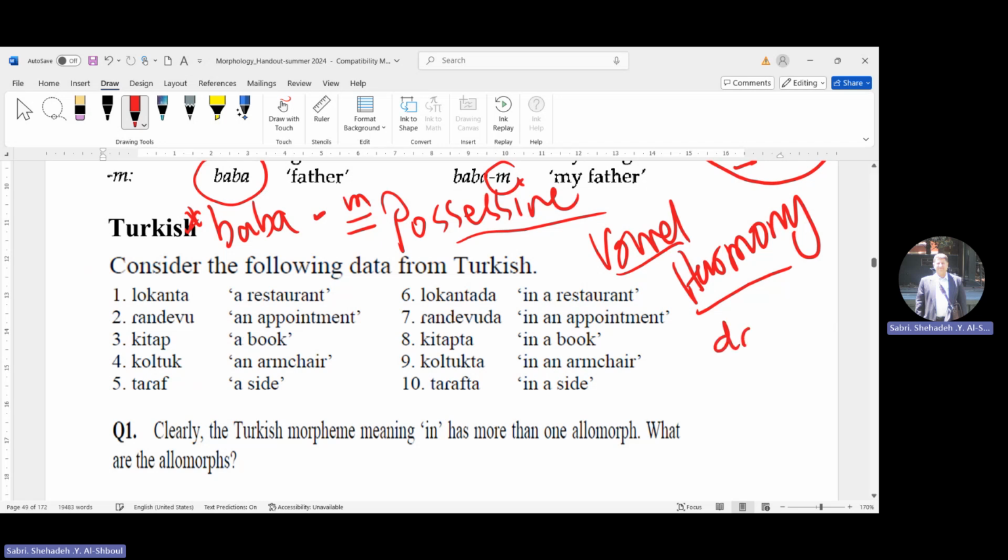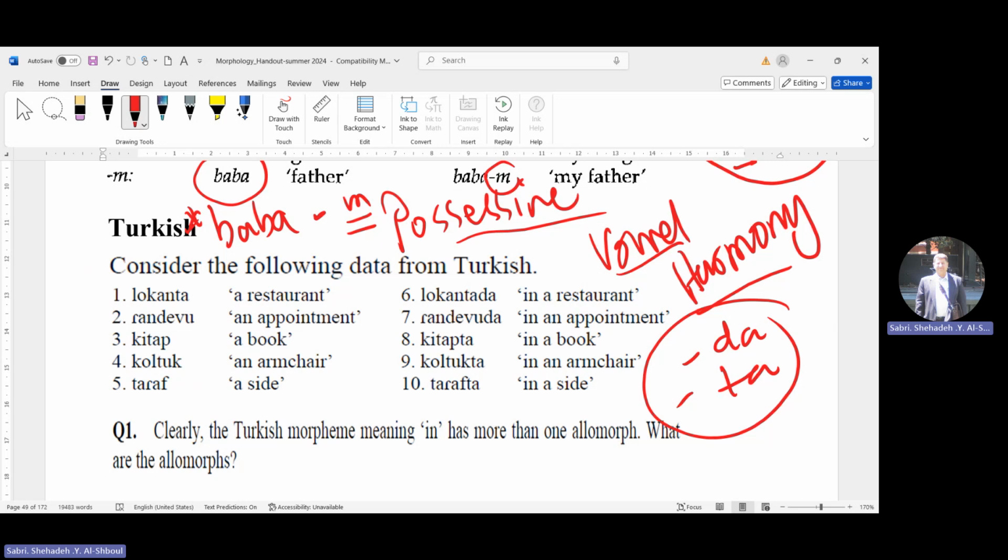So we have da, which is a kind of locative, meaning 'in', right? Rendezvous-da, right? So kitab-ta, right? Kultuk-ta, and taraf-ta.